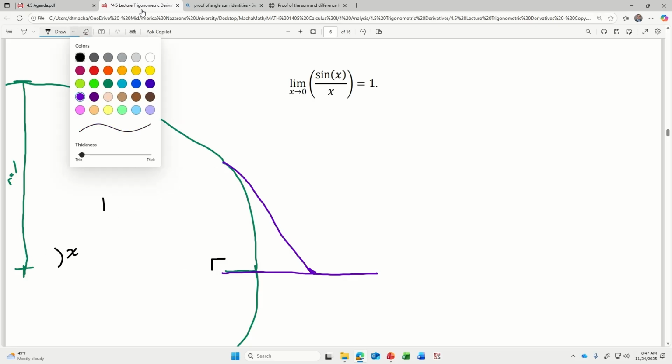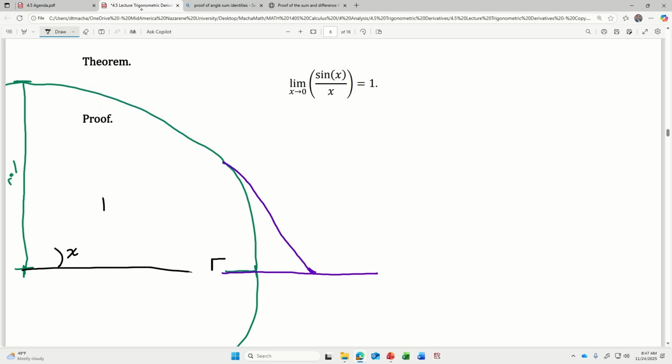Oh shoot, that's the whole triangle. Yikes. That's slightly better. All right, what's this vertical length here? In orange, what's that vertical height? Sine of x.